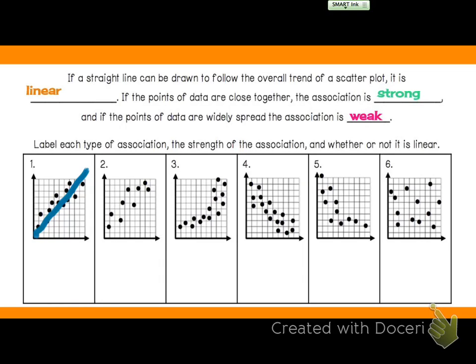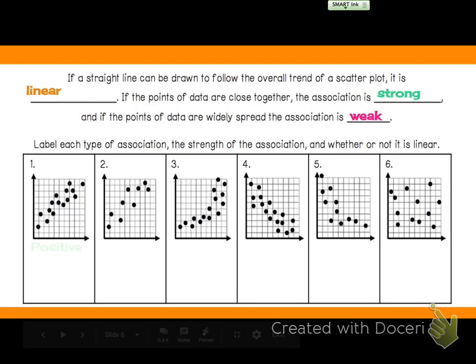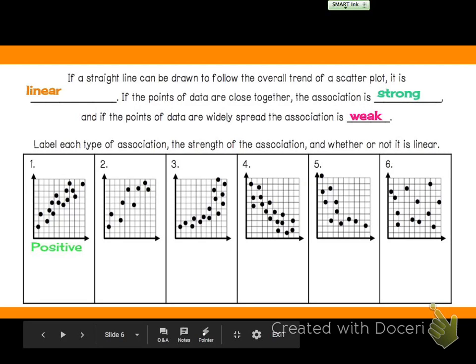As the x is increasing, so is the y, so that means it's a positive. And the points are close together, so that means that it's going to have a strong association. So I have a positive association, a strong association, and the association is linear. Okay?